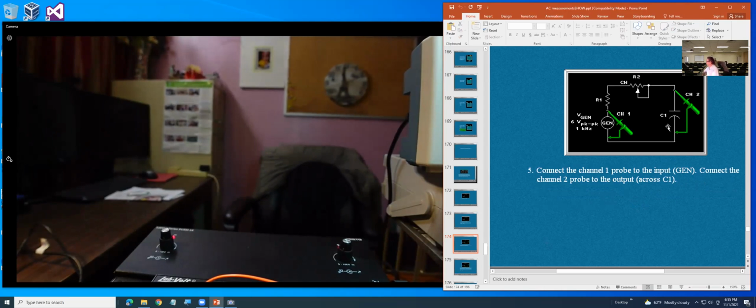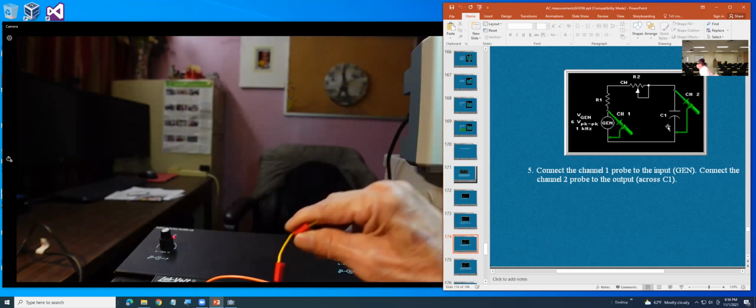So now I connect the scope probe, then on 2. Okay, output, across the C1.